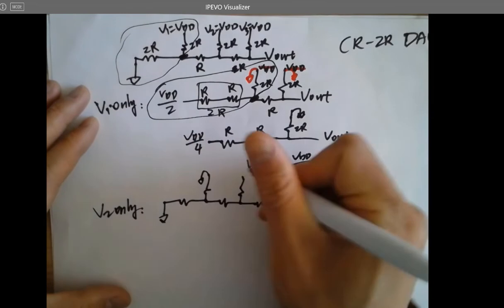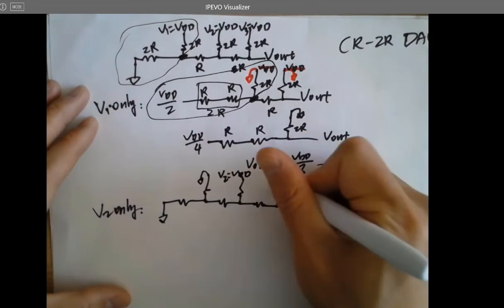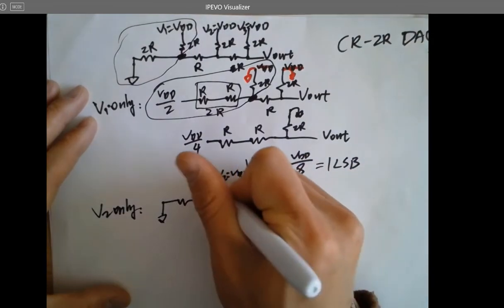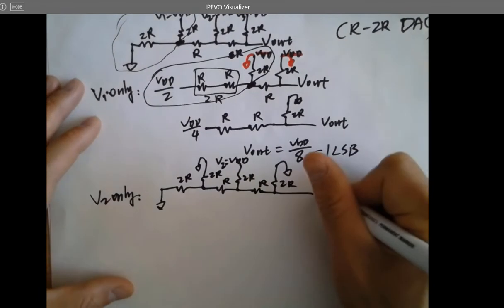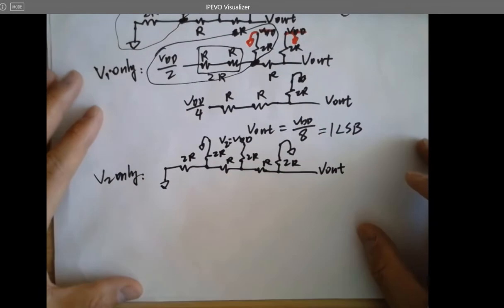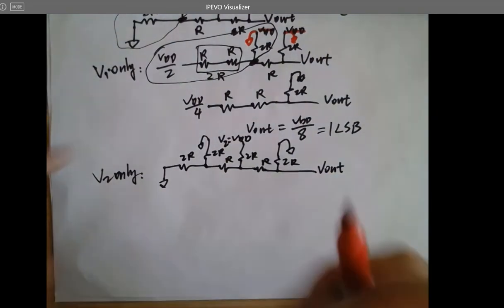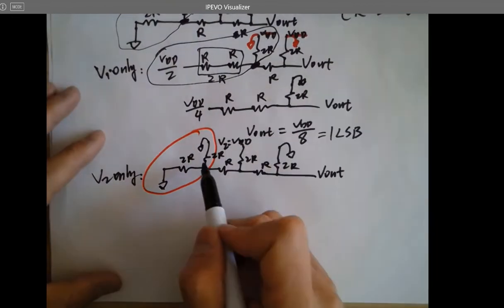And this is shorted. This is VDD, which is V2. This is shorted. And this is 2R, 2R, R, R, 2R, 2R. And find out Vout in this circuit. So very simple. These are in parallel. So it's just simply 1R.